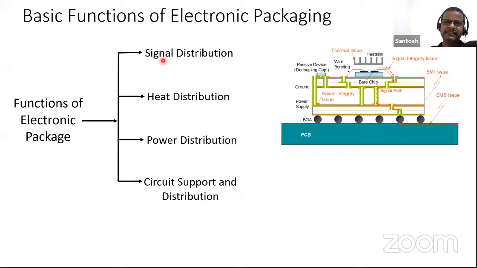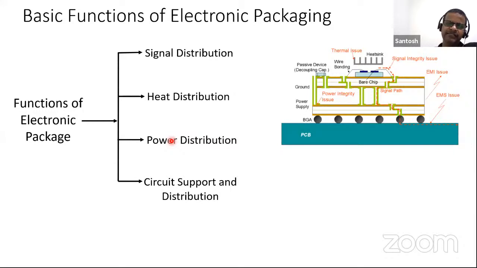So first thing is the signal has to be transmitted from the die to outside. And when the chip is working, it produces a lot of heat. And if there's too much heat, eventually the die may burn. So the heat that is being produced needs to be distributed and taken out of the package. So heat distribution is one of the roles of the packaging.